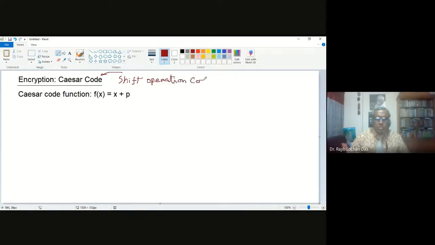Okay, so shifting or shift operation code, actually the Caesar code, and in the movie what we have seen is exactly the shifting operation. So what did we see in the movie?